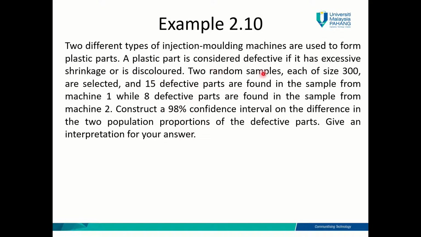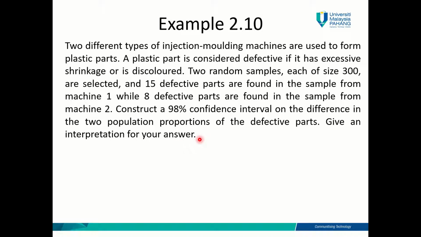Two random samples, each of size 300, are selected. 15 defective parts are found in the sample from machine 1, while 8 defective parts are found in the sample from machine 2. Construct a 98% confidence interval on the difference in the two population proportions of the defective parts. Give an interpretation for your answer.